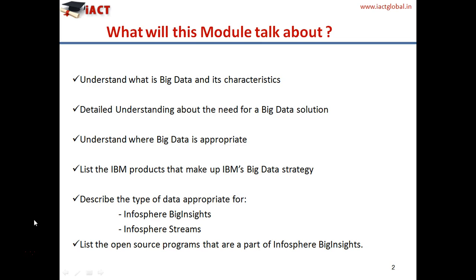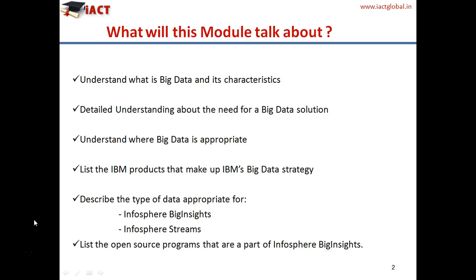So, in this module, we will be talking about what big data is and what its characteristics are. We'll be getting a detailed understanding about the need for a big data solution. We will be able to understand where big data is appropriate and where it is not, where it can provide a solution to companies' problems, and where it cannot.